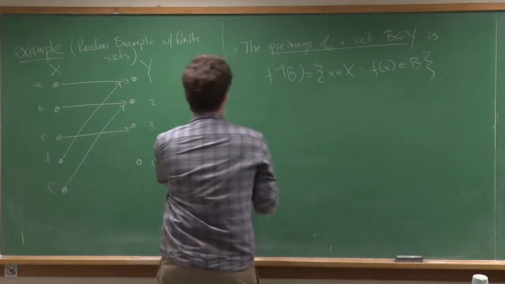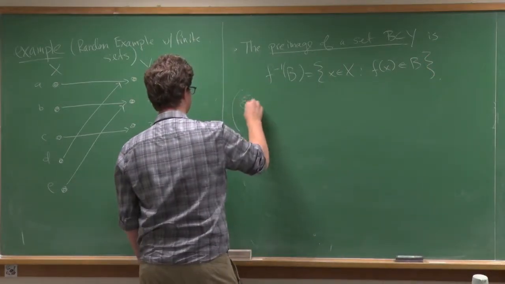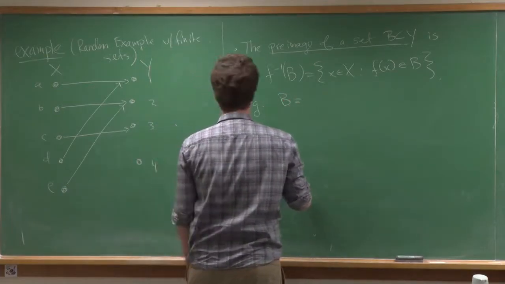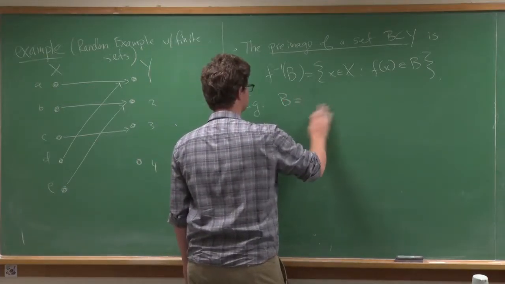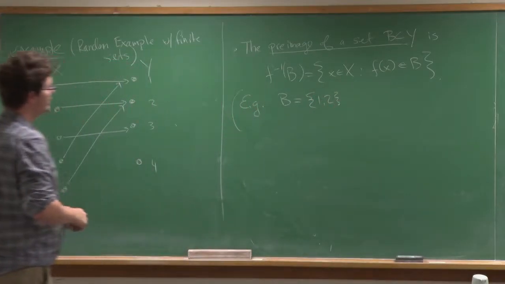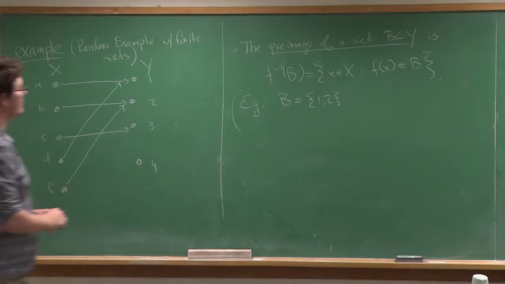So let's look at an example. So B is equal to, let's say, the points 1, 2.